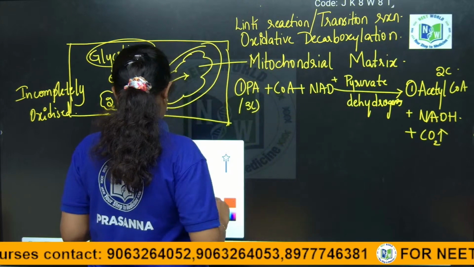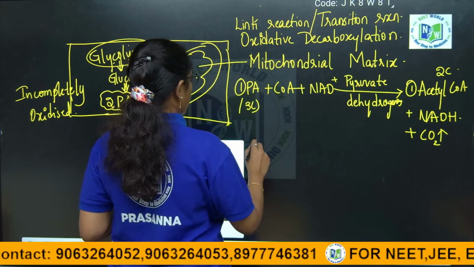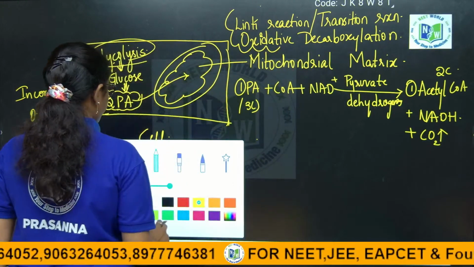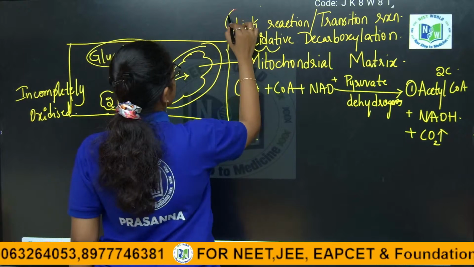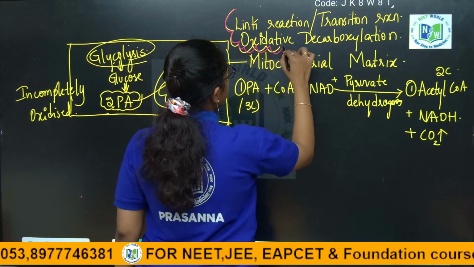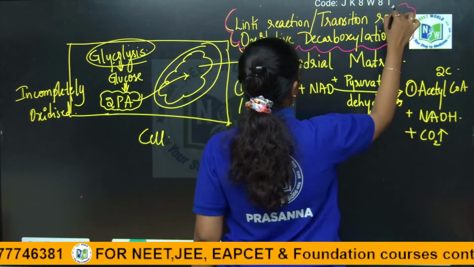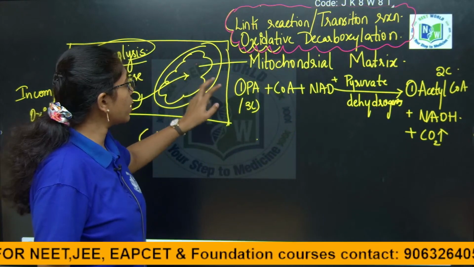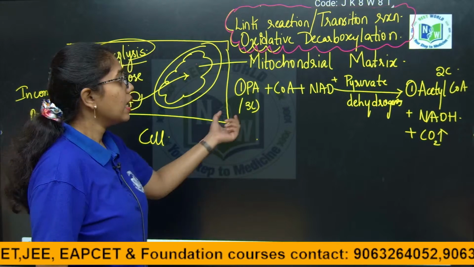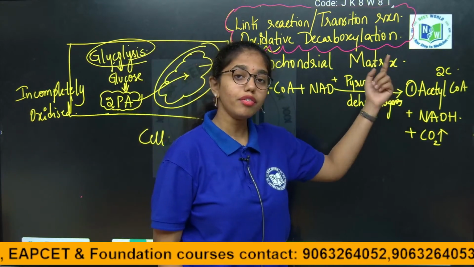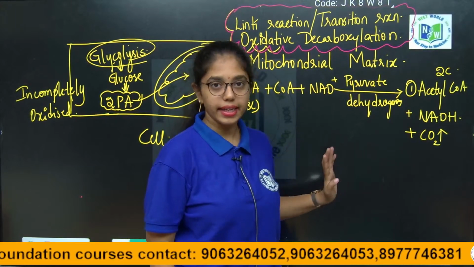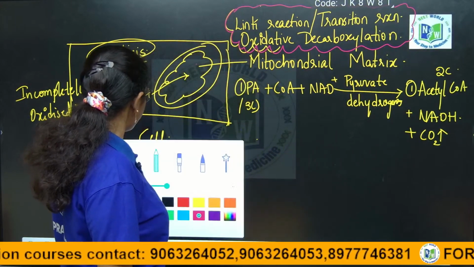So, this link reaction, oxidative decarboxylation or transition reaction occurs in the mitochondrial matrix, wherein one molecule of pyruvic acid is converted to one molecule of acetyl-CoA, releasing carbon dioxide and NADH. Clear?